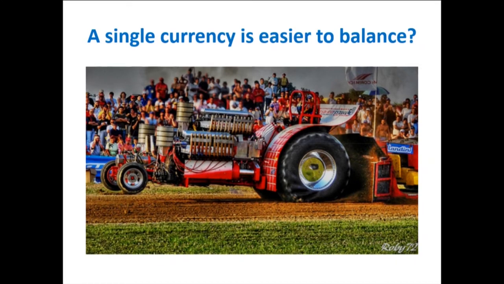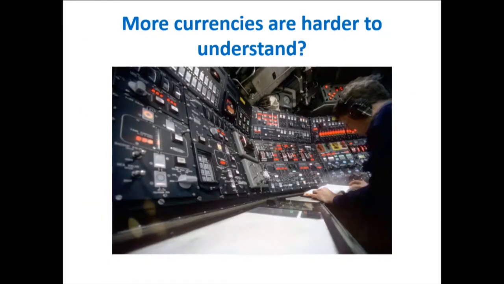People also often say that if you have more currencies, it is harder to understand. I don't think so, because now we have a fiat currency that is so universal and versatile that it does everything, but people fail to understand how it works. Even experts on the topic don't understand how the currency works in its full complexity.